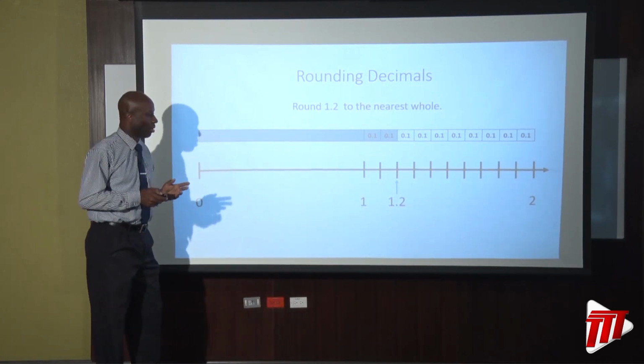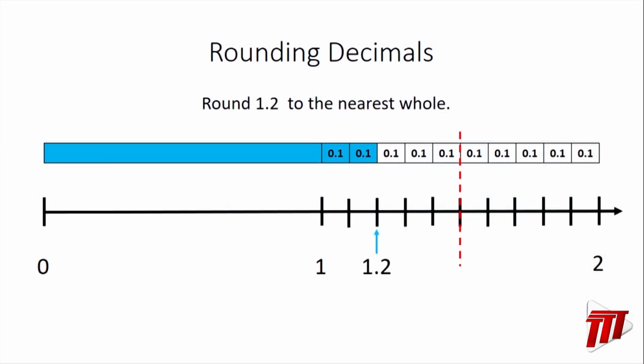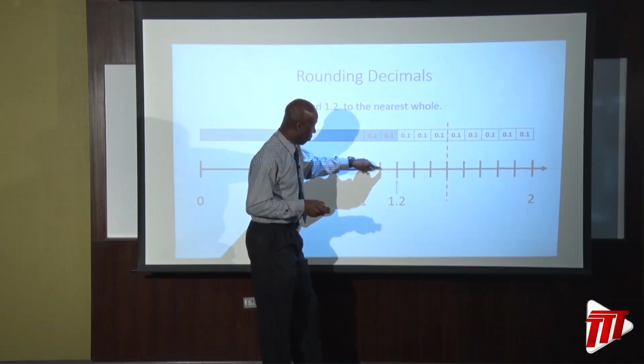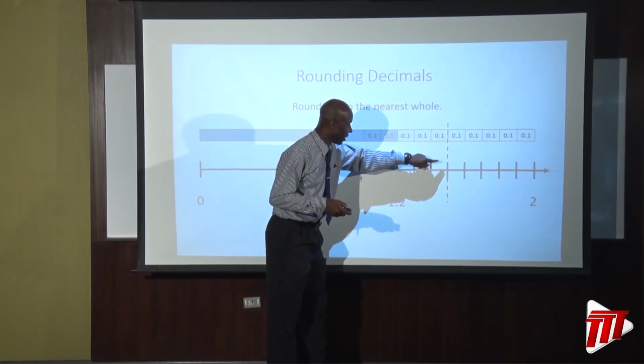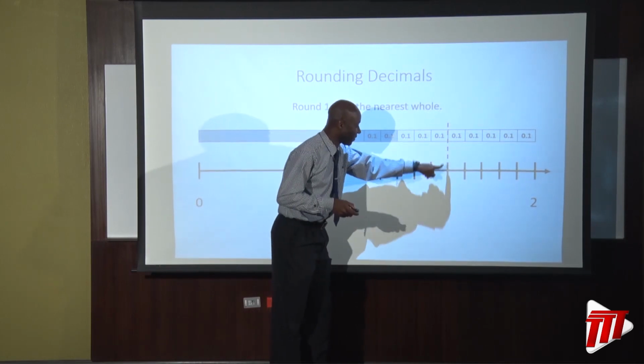What we do is represent what is considered the halfway point between our two wholes. In this case, it is going to be 1 1/10, 1 2/10, 1 3/10, 1 4/10, 1 5/10.